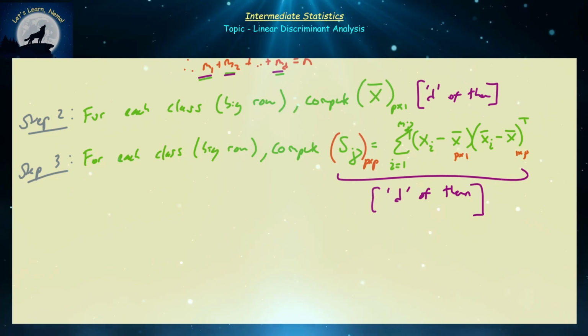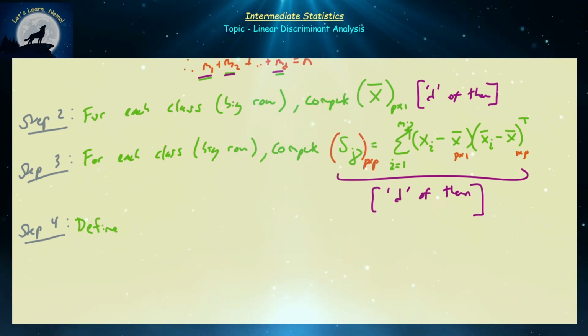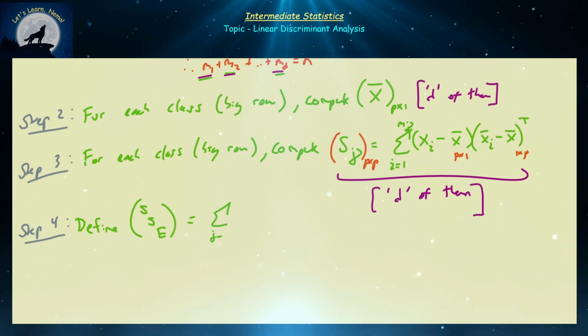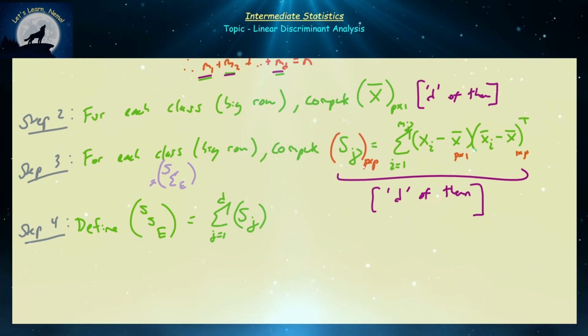So once we have those baby matrices, then we're going to define, and we're going to follow a parallel notation for the same thing we did with MANOVAs, an SSE matrix, and this is going to be equal to the sum from j equals 1 to D of these baby scatter matrices, right? So this is sort of similar to our SSE matrix from MANOVA.